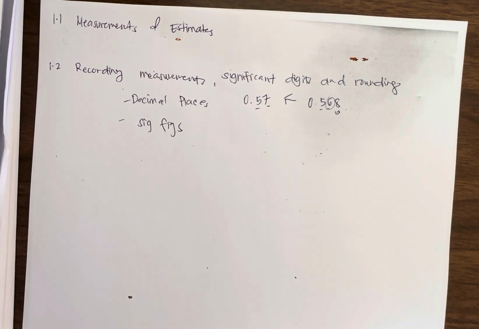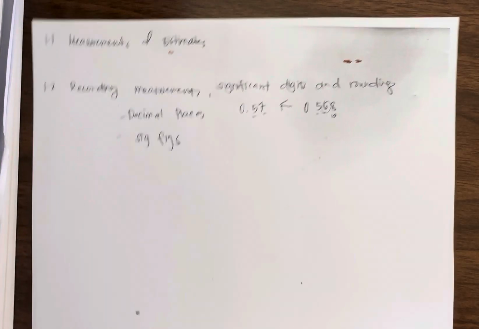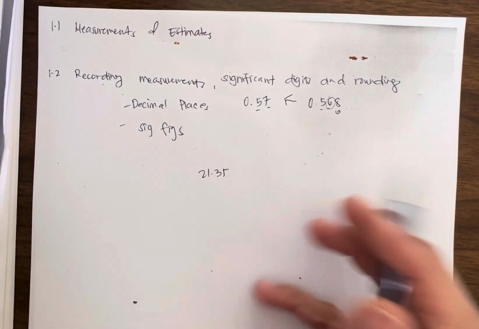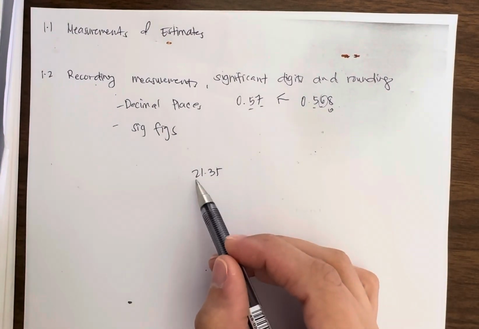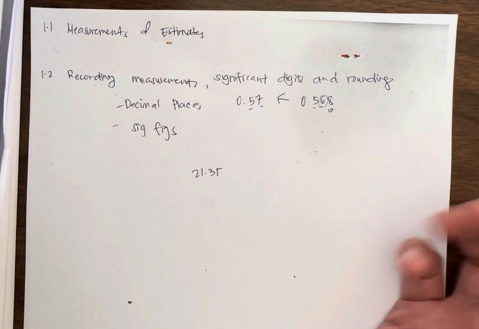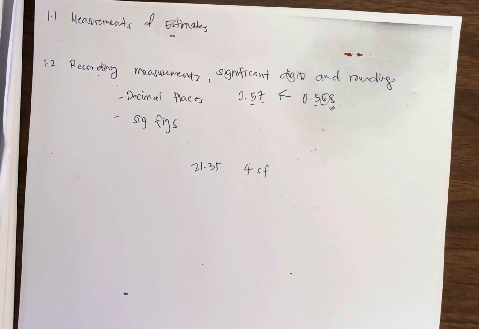Normally, the confusion arises when there are zeros involved. In example 1, 21.35: you just count how many digits there are. There are no zeros, so that's easy. You count 1, 2, 3, 4. Hence, you have 4 significant figures, and we abbreviate that with SF.